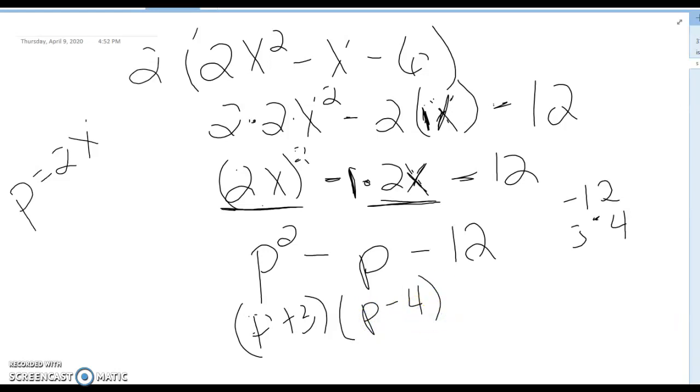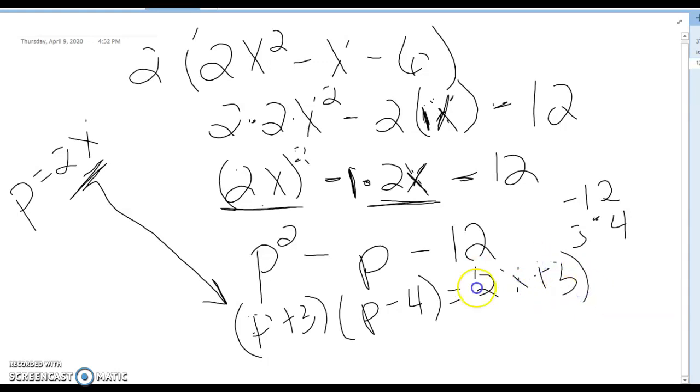I'm still not done. I feel like I should be, but I'm not. I'm going to have to go back and substitute this 2x in for p. So I have 2x plus 3 times 2x minus 4. This one is fine, the 2x plus 3, but this I have to factor out a 2.